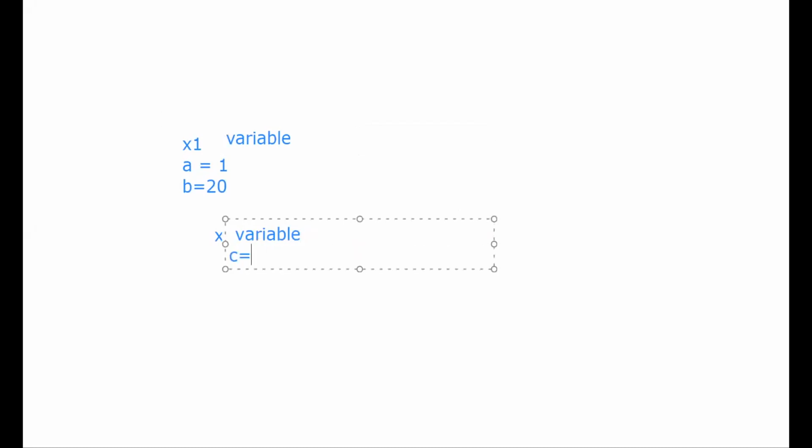See here, C will take the value as 1, and D has some value as 20 itself. This is my scenario. It says that x1 is one variable with the range a to b, where a holds the value 1 and b is 20. Similarly, x2 has c equal to 1, d equal to 20.